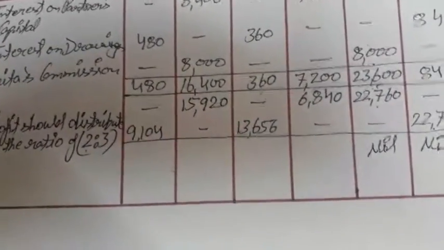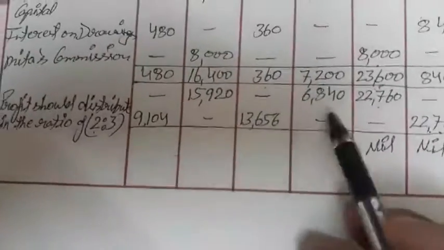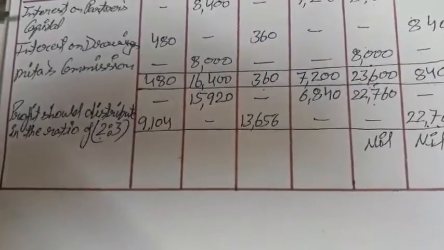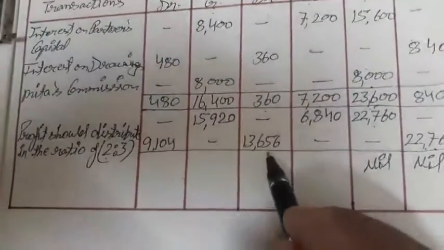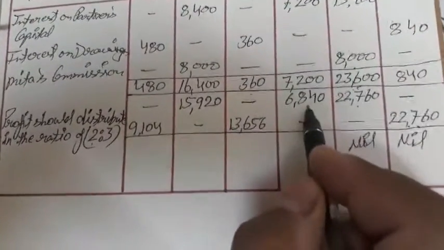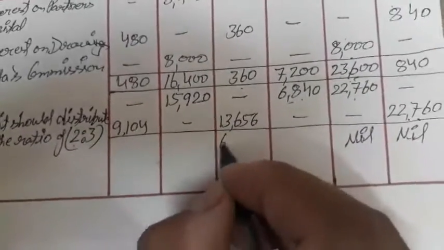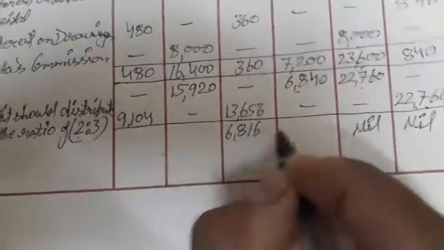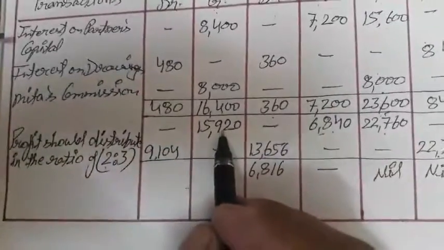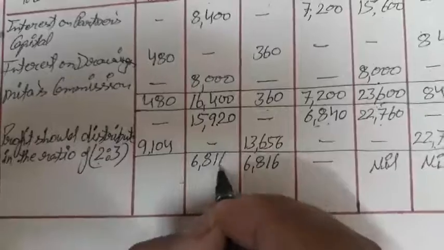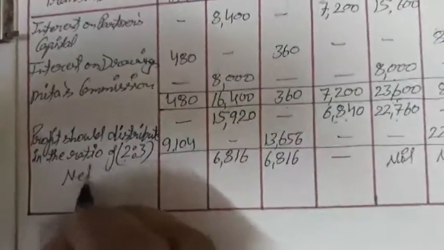Now once again we see by which amount partners would be debited and by which amount partners would be credited. So we will subtract from this to this one. That will be 6,816 rupees, and from this balance to this one 6,816 rupees, that is the net effect.